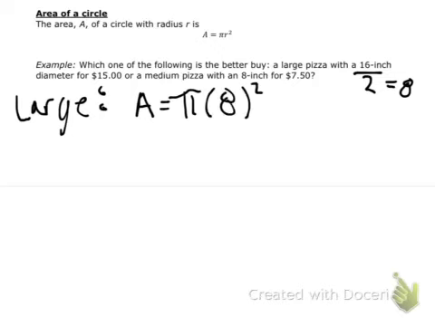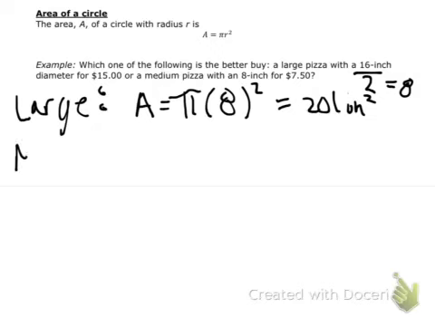So it's going to be pi times 8 squared. Plugging this into your calculator, I'm not sure if I rounded to the nearest whole number. I think I did. I got 201 inches squared. Again, this is area now, so we're going to do square units.